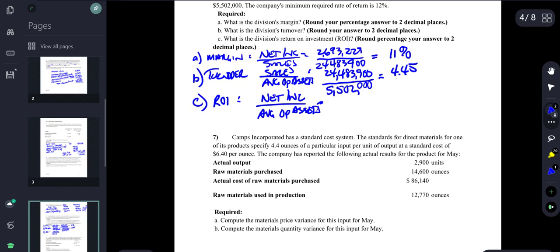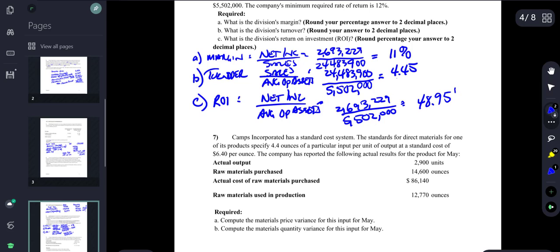That will equal 2,693,229 divided by 5,502,000 even, and that results in an ROI of 48.95%.